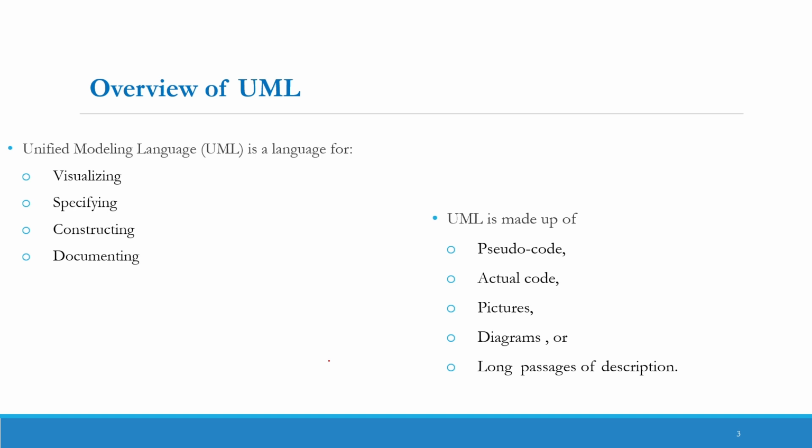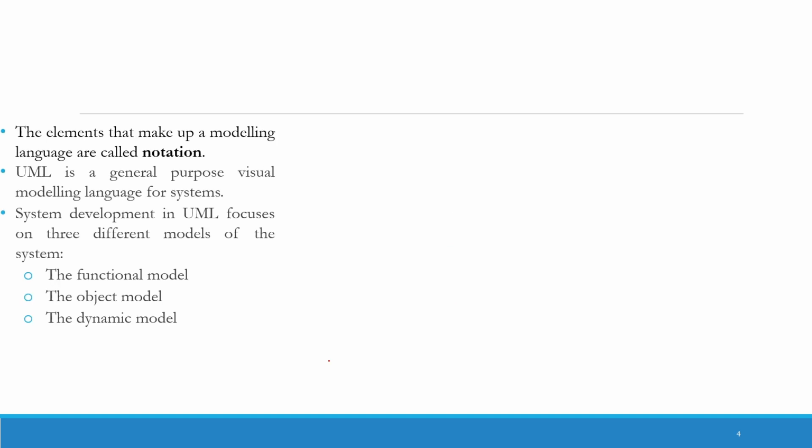When we develop a model, we have to identify or specify different kinds of requirements. We visualize those requirements and their functionality, and then we construct or develop. Finally, we will produce a document. So totally, UML enables us to accomplish such things.